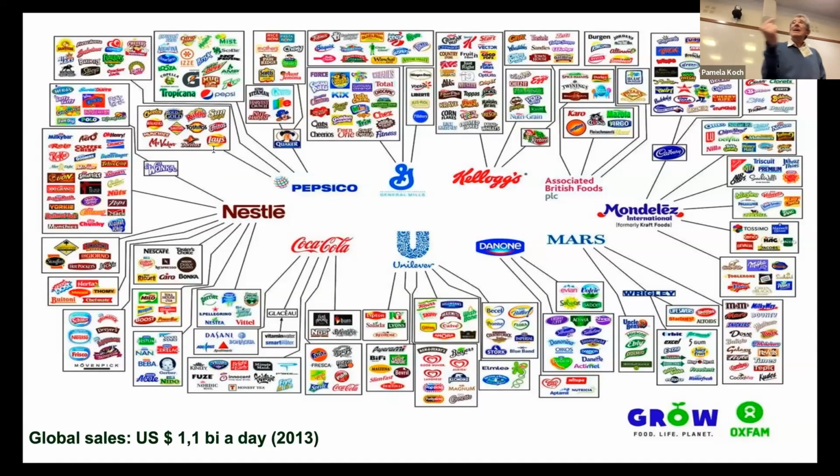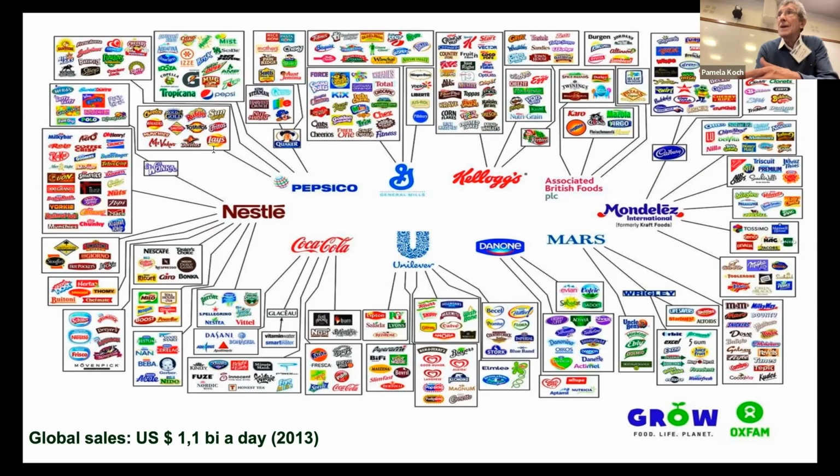Second, food ultra-processing includes sophisticated equipment and sophisticated ingredients, flavors, for instance. You don't buy flavor in a supermarket. Few companies in the world, in a very sophisticated industry, produce flavors. So again, you have to be big to have access to these.